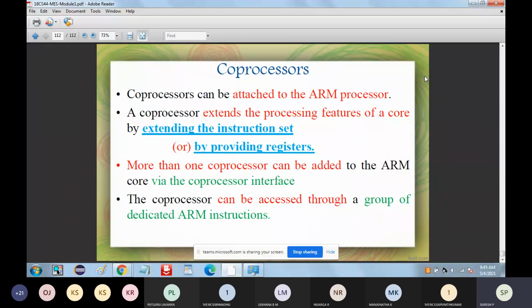Any answers from your side? For example, if you have the 3-stage pipelining, one is fetch, decode, execute. In which stage is your ARM processor going to decide what operation is to be performed: the fetch stage, the decode stage, or the execution stage? Which stage?